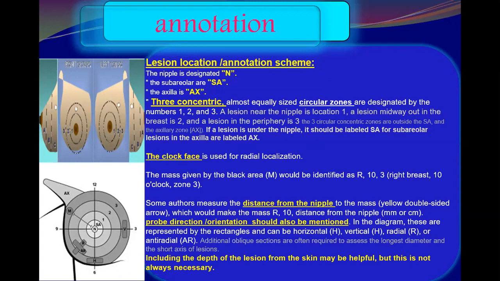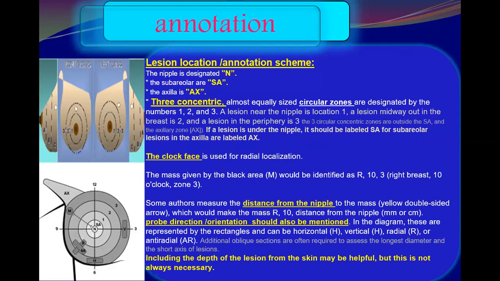You can describe the lesion as at zone 1, 2, or 3. But remember, the nipple area or subareolar region is not included in these zones. If the lesion is behind the nipple, mention it is subareolar, not zone 1.